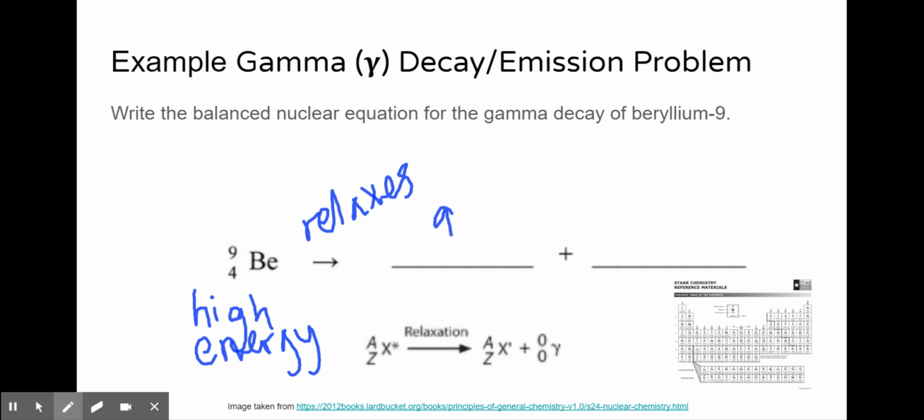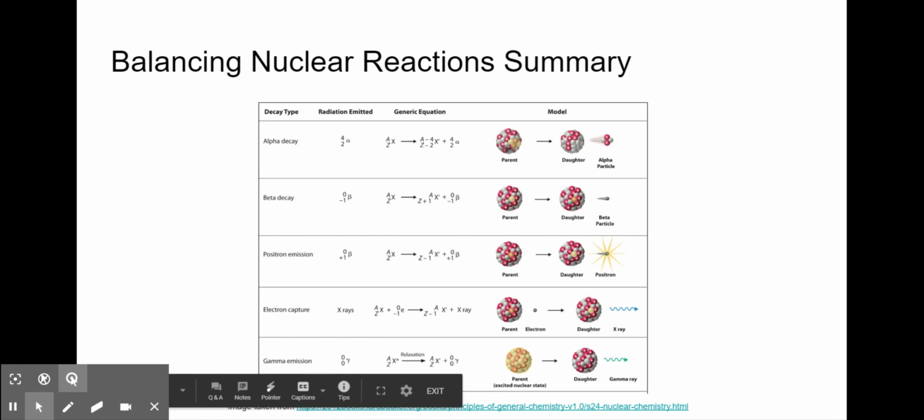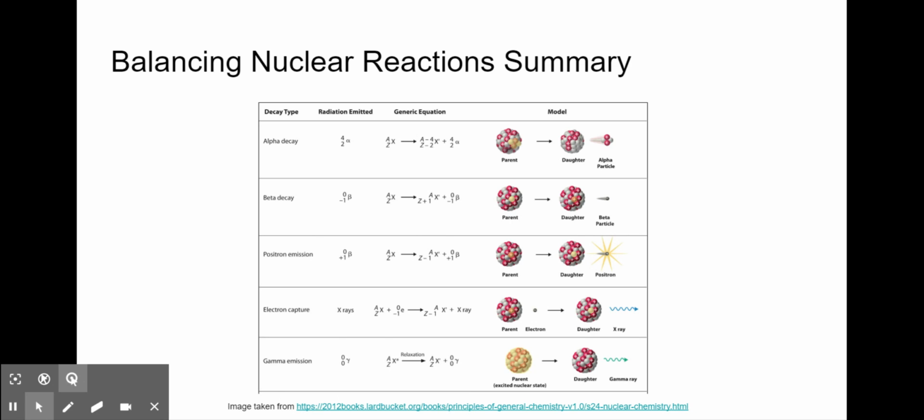So the daughter is the same as the parent, and a gamma wave is emitted. So a summary of all of the different types of decay that we spoke about in the screencast: alpha decay, beta decay, positron emission, electron capture, and gamma emission, along with those generic equations, are on this slide.